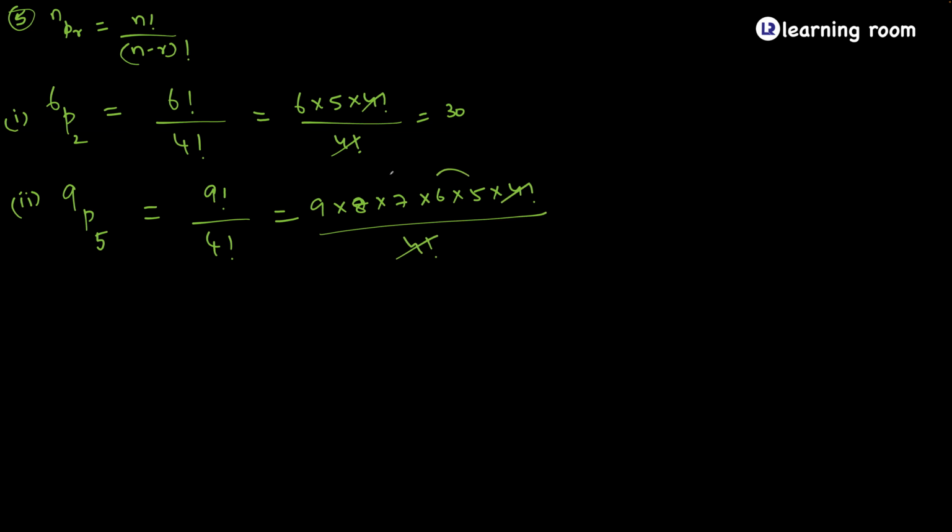So it is going to be 30. 30 into 7 is 210. 210 into 8 is 1680. 1680 into 9. So it is 16800 minus 1680, which is 15120. Right? So that's the answer.